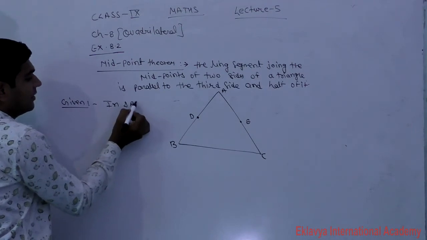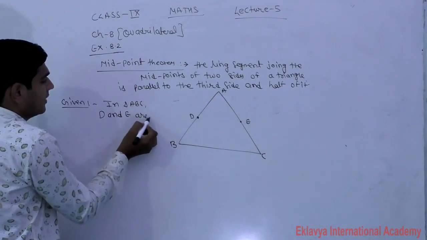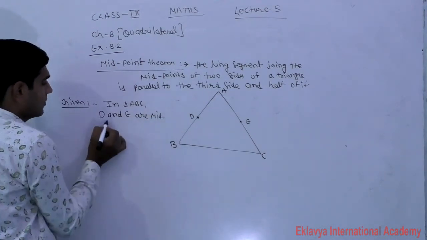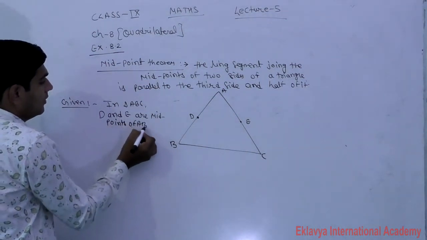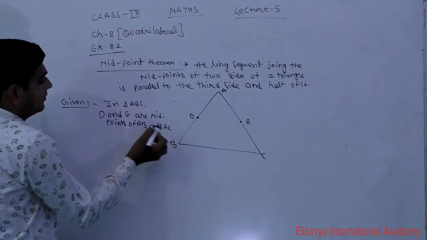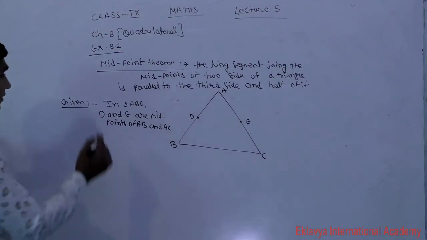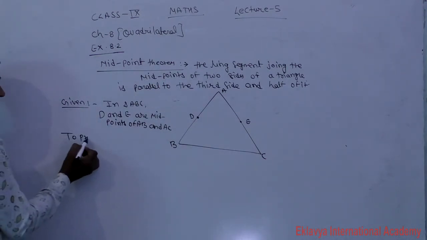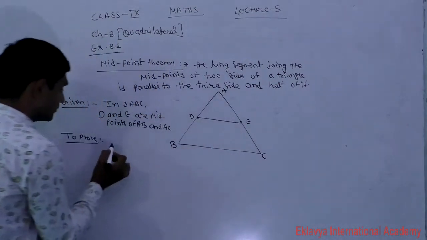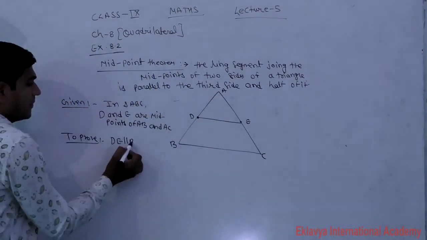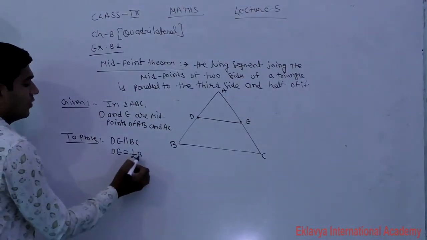In triangle ABC, D and E are midpoints of AB and AC. Now what we will prove here? क्या प्रूफ करना है? DE is parallel to BC and DE is equal to half of BC.